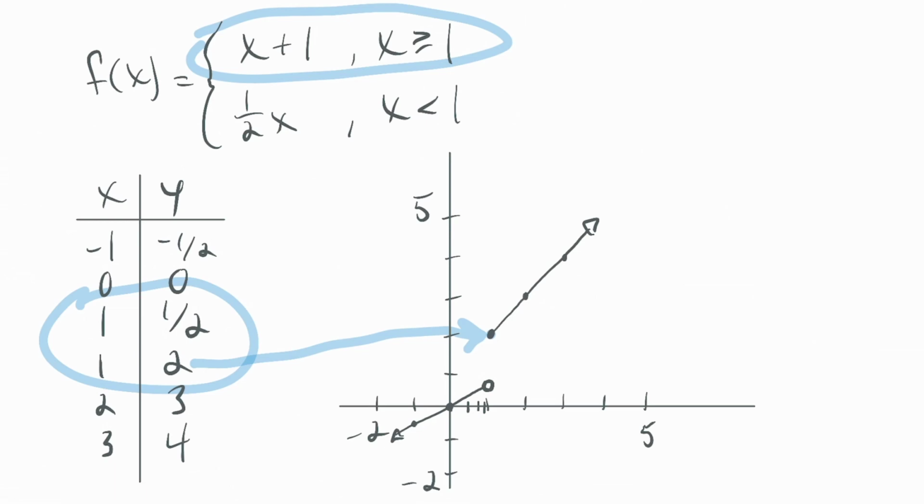And then here, this produces this open circle because we're not going to actually use this formula at 1. It's just at 0.8, 0.9, 0.99, we are using that formula. When we're really close to 1, if your input's less than 1, you're still using that linear function with slope 1/2, right? But then there's a gap in the graph. They don't connect, which is going to happen sometimes when you have this piecewise defined function.